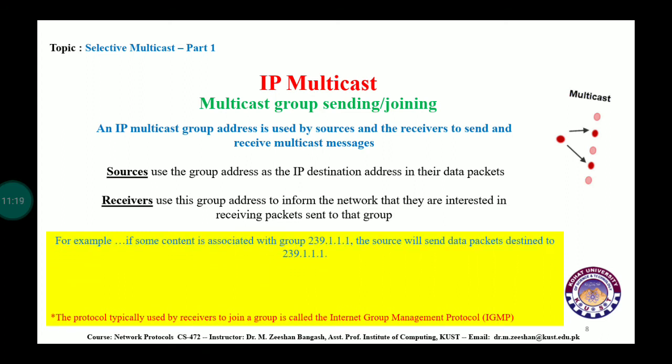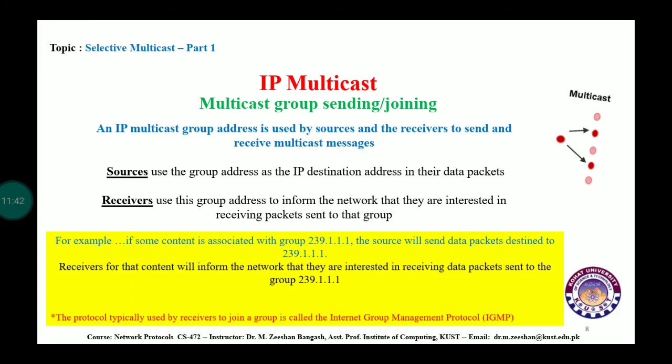Now, for example, if some content, for example data or a file, is associated with the group 239.1.1.1, which is the address of a multicast group, the source only needs to send that file to that single destination, 239.1.1.1. It's a single transmission.